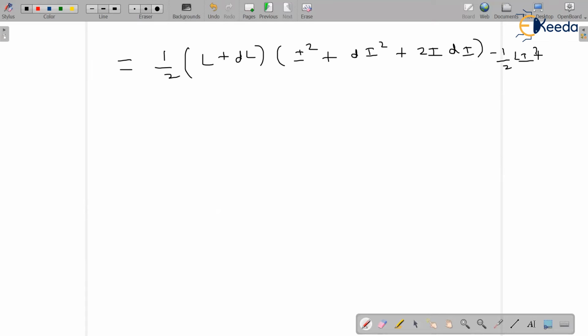So when simplified, this gives rise to Li di plus half I square dL. This becomes equation 2.